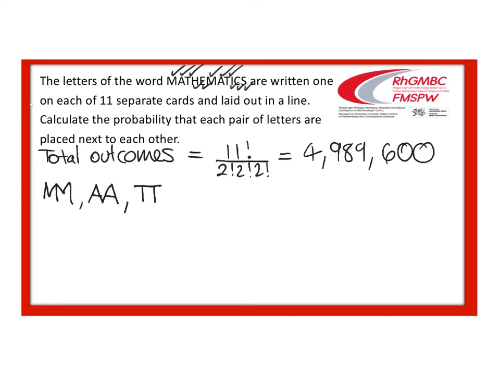And so I've got this one pair of M's, this one pair of A's, and this one pair of T's, which I'm treating as single individual characters because they have to be paired together. And then I've got an H, an E, an I, a C, and an S. So actually, number of ways written as pairs.